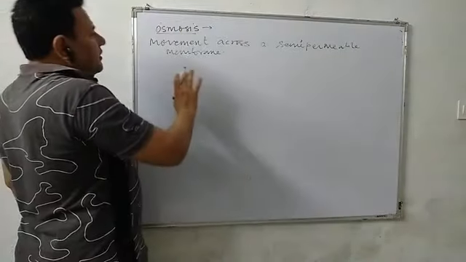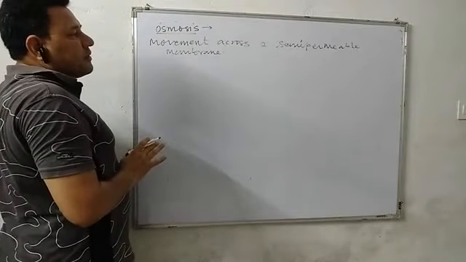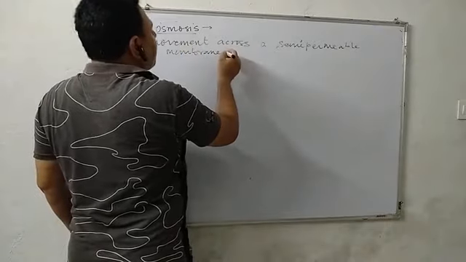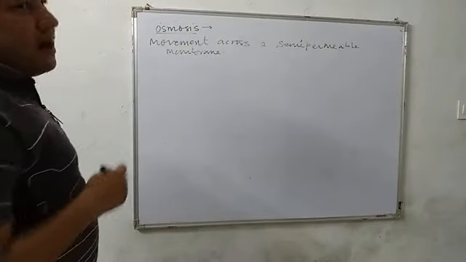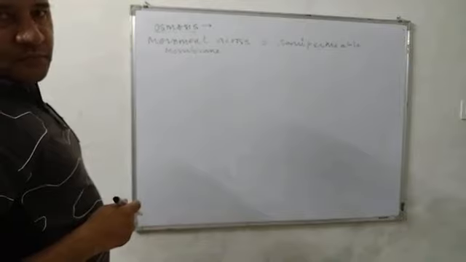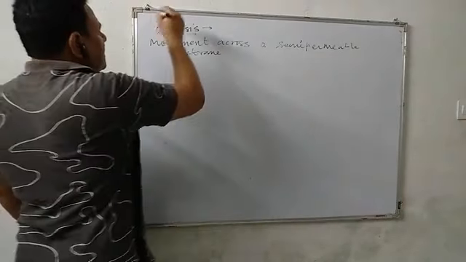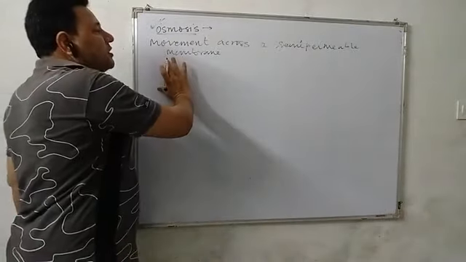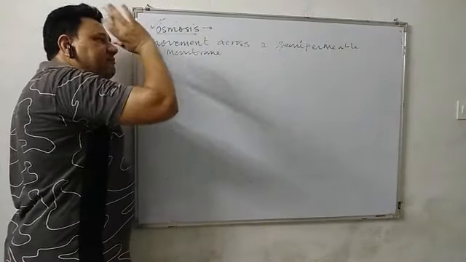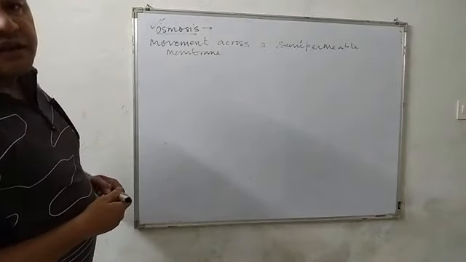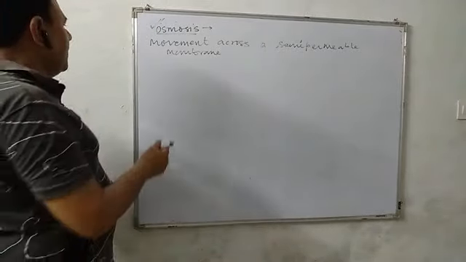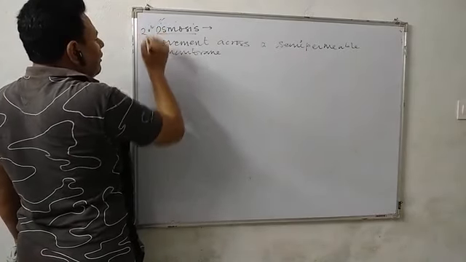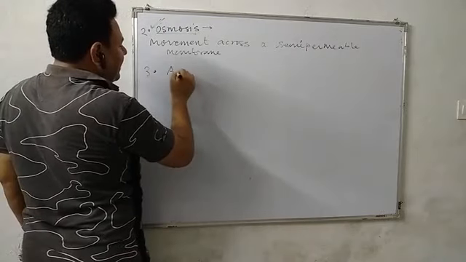Okay? So if movement takes place across a semi-permeable membrane, this type of movement is known as osmosis. Okay? This is one of the most important factors by which transport of water and minerals takes place in plants. Then I would like to discuss active transport.